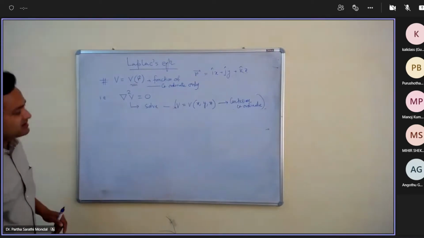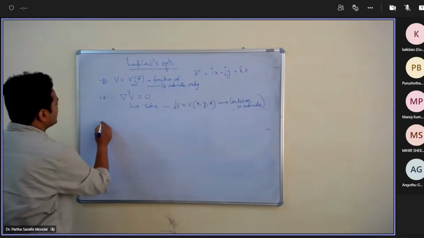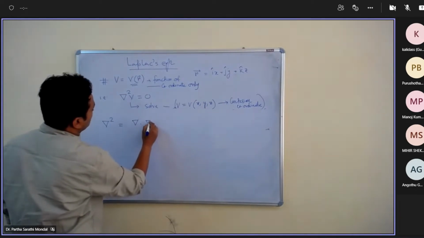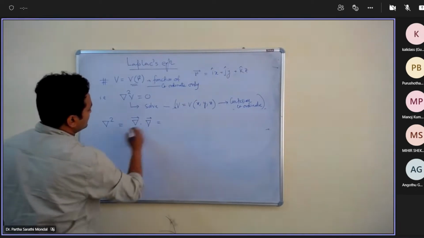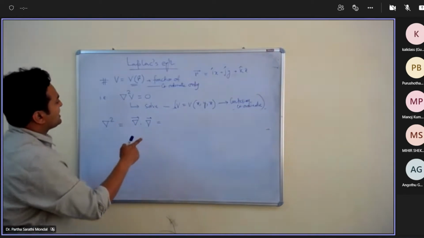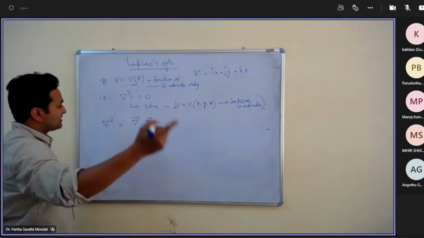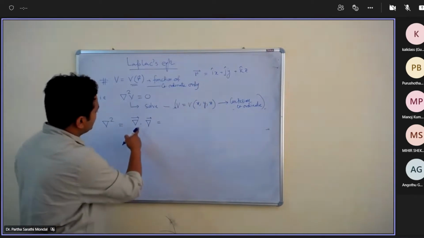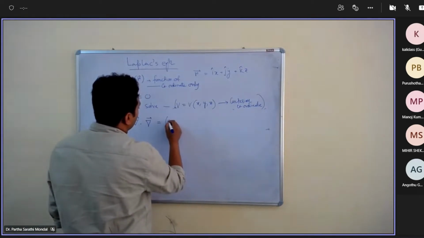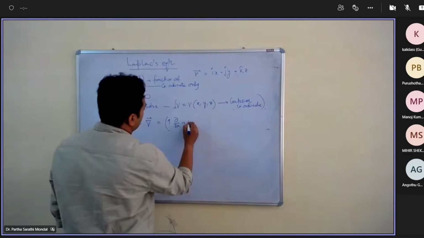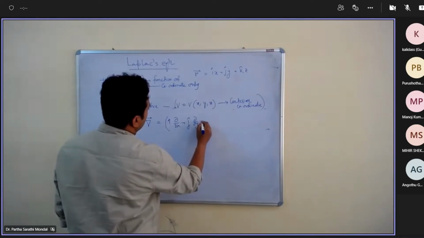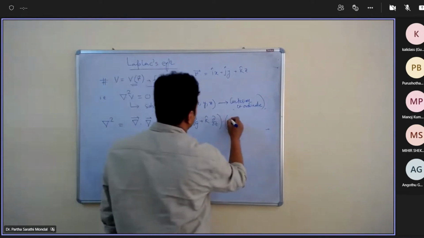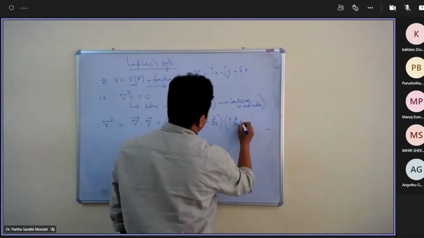So now, what is the operator? This del square operator. What is the del square operator? I have already told you this operator works like this. It is not that you have a function, you work on it with one del operator, and again with another del operator, not like that. Instead, you can do one thing. Let's say d/dx plus j d/dy plus k d/dz, dot again i del/del x plus like this.